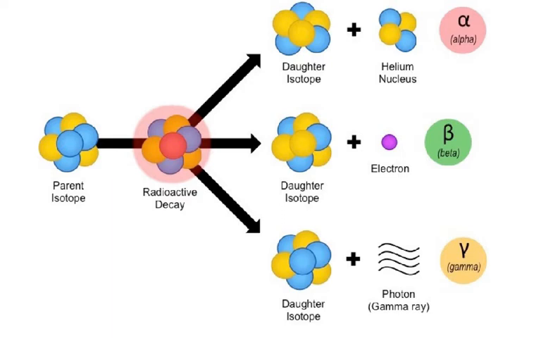It doesn't have a mass. So every time the parent isotope goes through radioactive decay, you will have a daughter isotope, and some energy is going to be released in the form of alpha particles, beta particles, or gamma radiation, and sometimes you have more things involved in the way the energy is released.